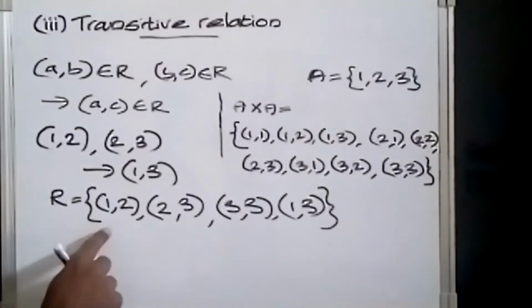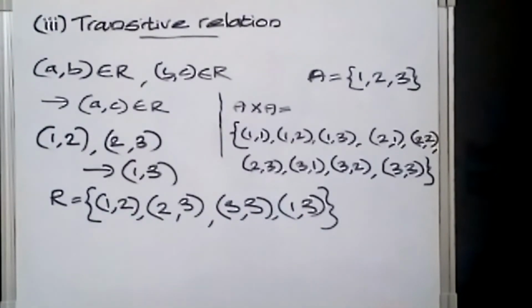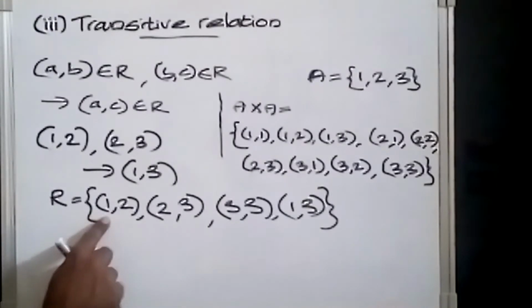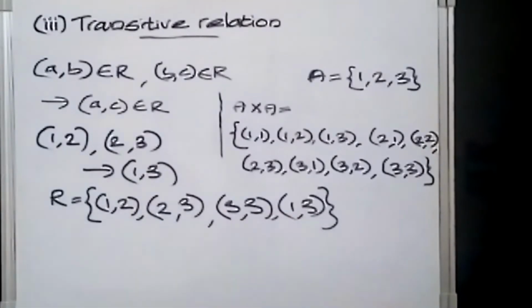R equal to the set {(1, 2), (2, 3), (3, 3), (1, 3)} is a transitive relation because whenever 1 is related to 2 and 2 is related to 3, then 1 is related to 3.